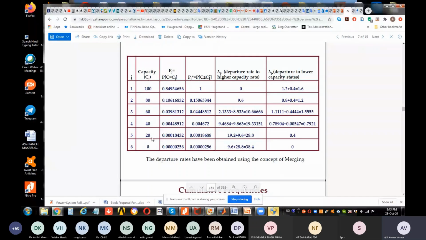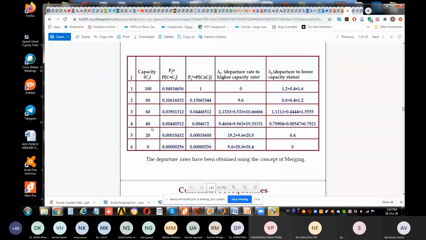Therefore, that's 0.4. Now from 0, you can go to 20 or you can go to 40. You can go to 20, that means some single unit repair. And 40 means either it's a question of 20 units or it's a question of 1.